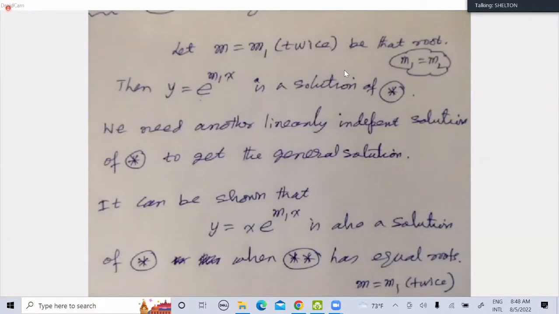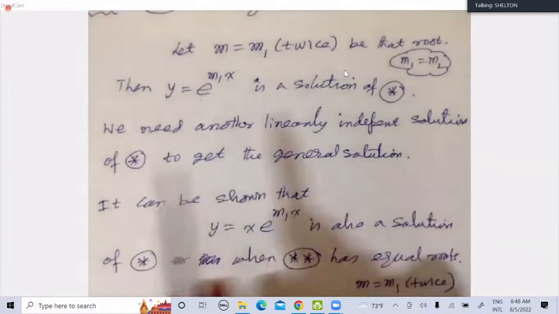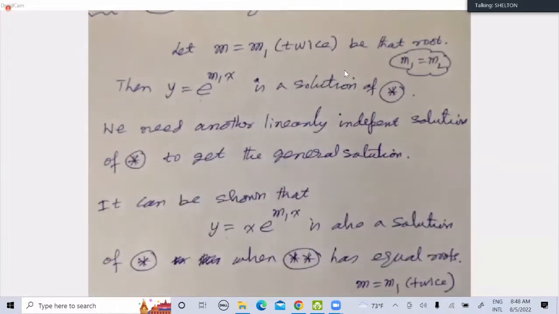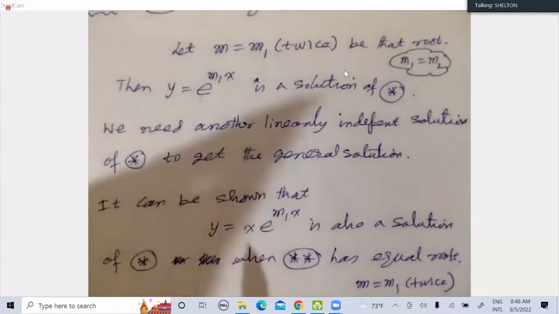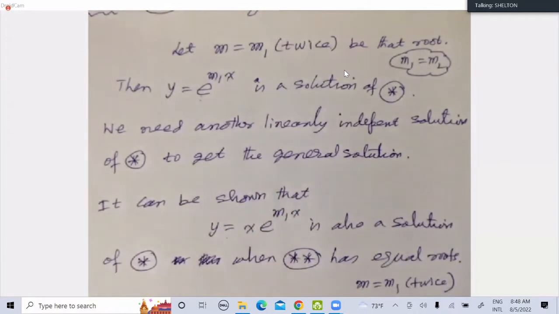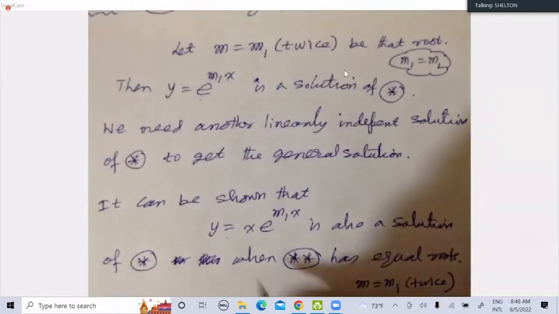How do you prove that? In this case, the quadratic equation has equal roots. If only one root is there twice, then you can get e to the m1x as a solution. Not only that, in such cases, x times e to the m1x is also a solution. So how do you prove this? We have to find y dash.